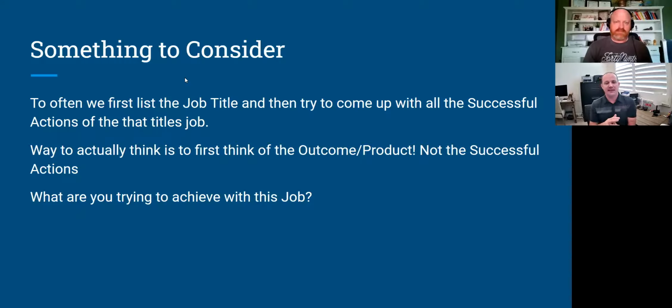Really, the way to think about it is you first need to think of what is the outcome or product of that job title, not the successful actions. So what are you trying to achieve with this job? If I'm a receptionist, what am I trying to achieve? If I'm a physical therapist, what am I trying to achieve? What is the outcome that I am looking for? So the first thing I always tell people is list the job title, but then list the outcome that you want out of that, essentially.